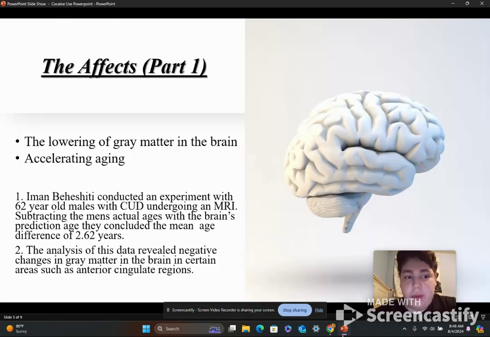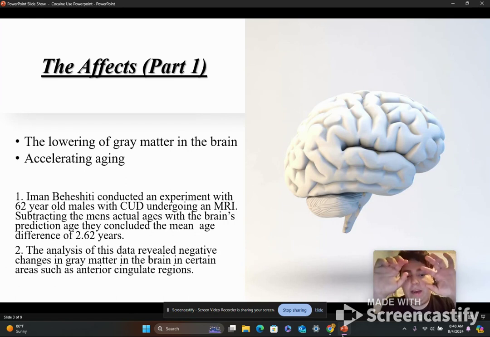The effects of cocaine, part 1, is the lowering of gray matter in your brain as well as accelerated aging. So Professor Iman Beheshti and colleagues conducted an experiment with 62-year-old males that have CUD and put them into the MRI, and they subtracted the men's actual ages from the computed brain age prediction.